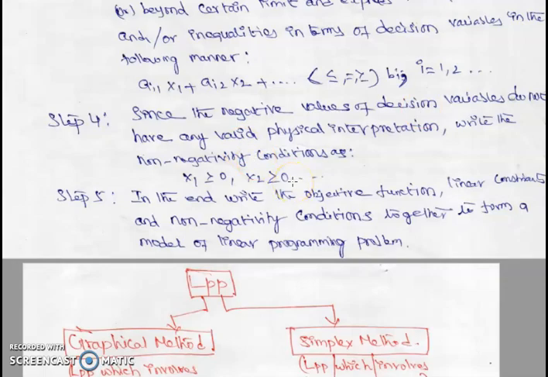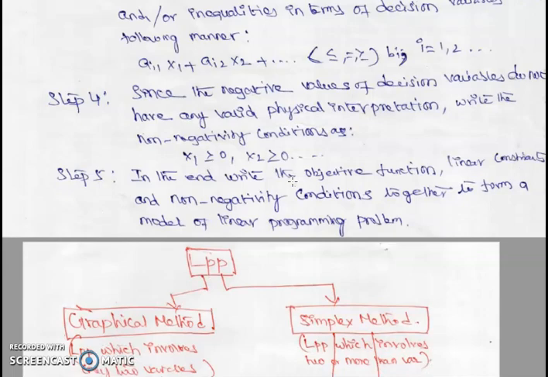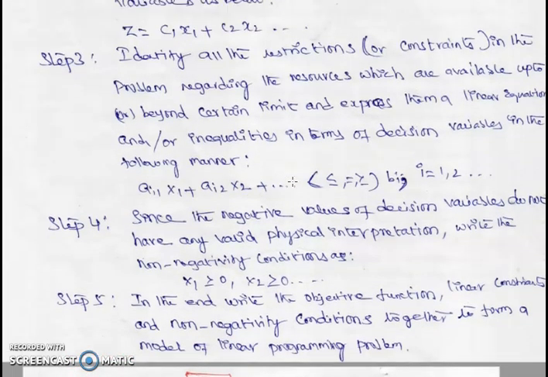Then in step 5, we combine the objective function, the linear constraints and the non-negativity constraints together to form the model of the linear programming problem.